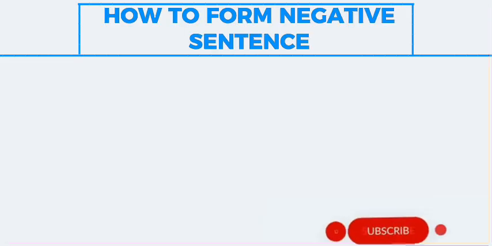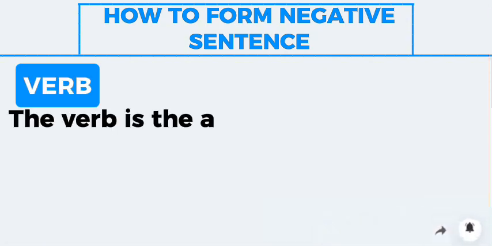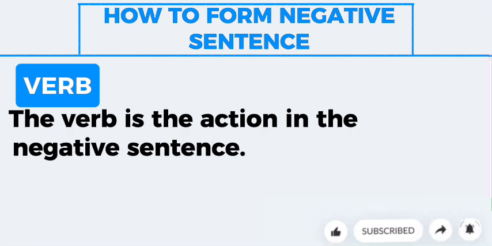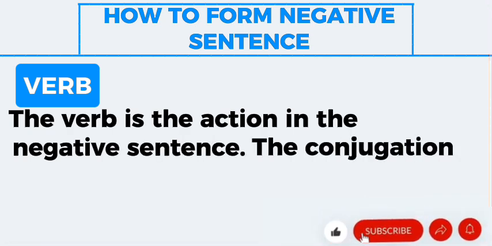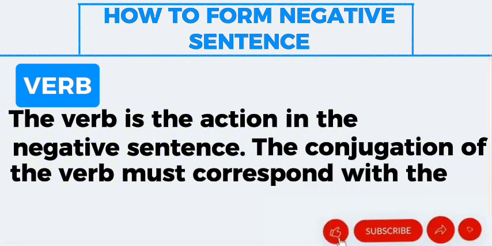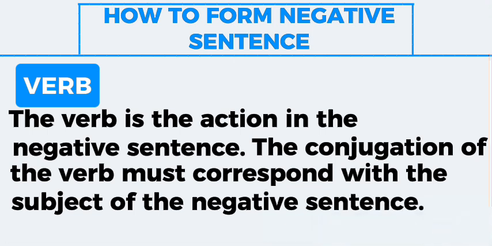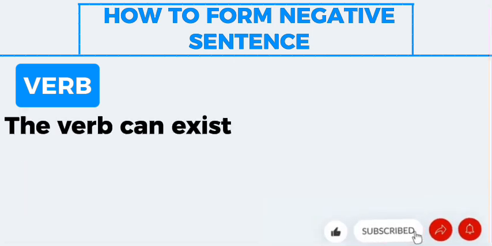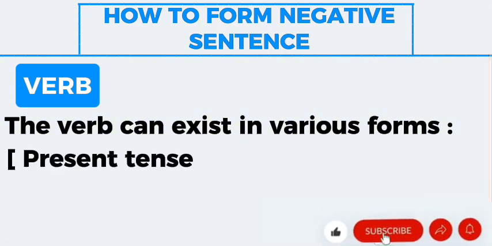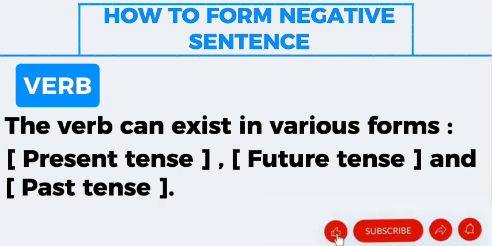Now, let's take a look at the verb. The verb is the action in the negative sentence. The conjugation of the verb must correspond with the subject of the negative sentence, and also the verb can exist in various forms, like in the present tense, future tense, or even in the past tense.